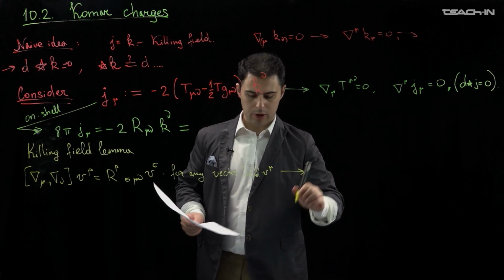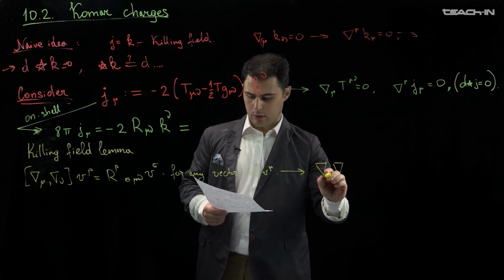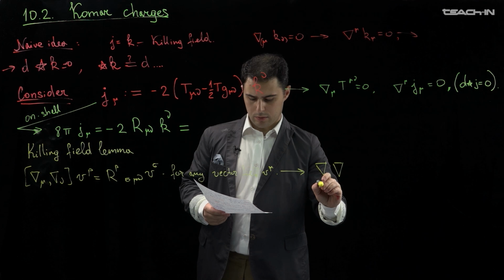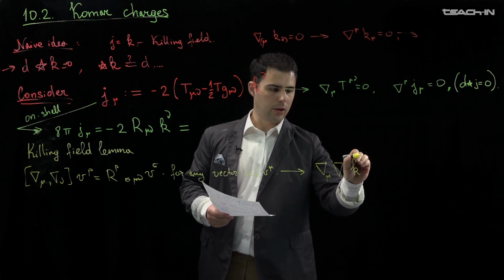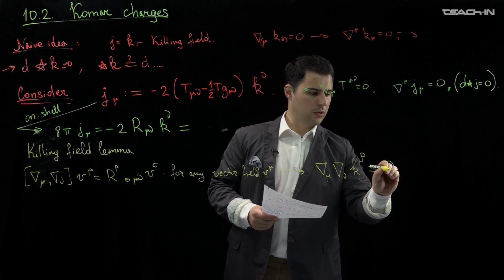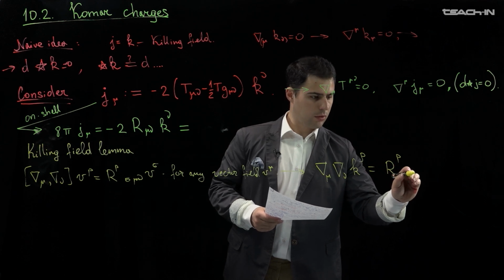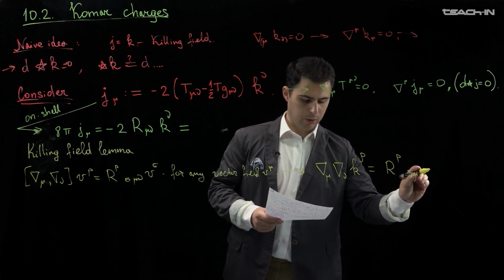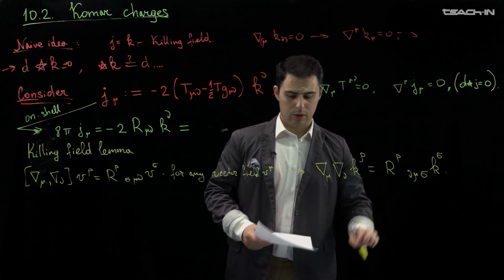We can show that ∇_μ ∇_ν K_ρ is the same as R_ρνμσ K^σ.